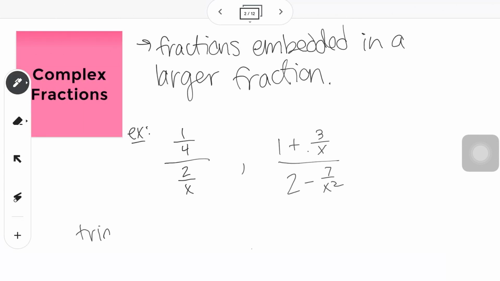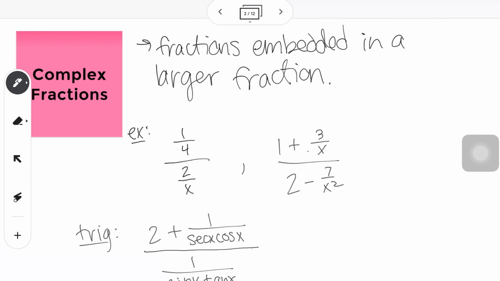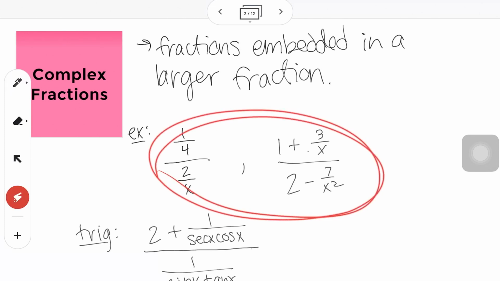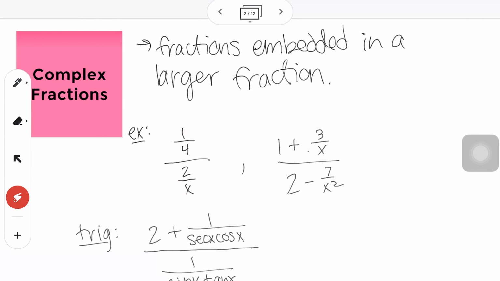What changes when you get to trig is, say it looks like this: 2 plus 1 over cosecant of x, over maybe 1 over sine of x, tangent of x. It's going to look much more complicated, but the process you will do is the same as what I'm going to teach you here today. So this is something that's going to be important for moving forward to upper level math if that's where you are going.